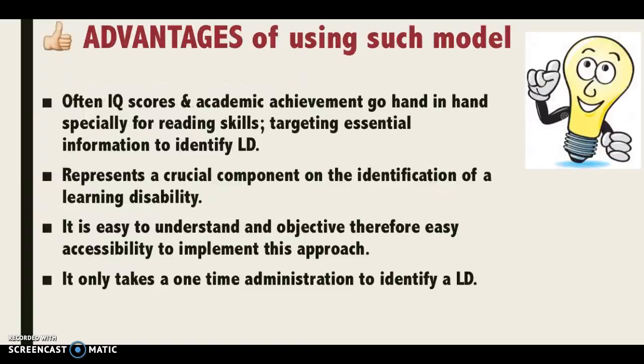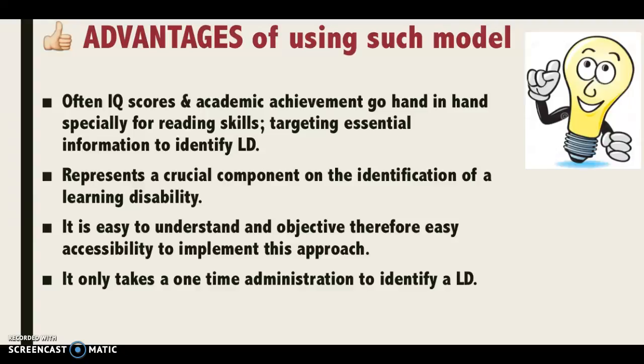Now, let's take a look at the advantages of this model. Often, IQ scores and academic achievement go hand in hand, especially for reading skills, targeting essential information to identify a learning disability. It represents a crucial component of the identification of a learning disability. It is also easy to understand and objective, therefore easily accessible to implement.